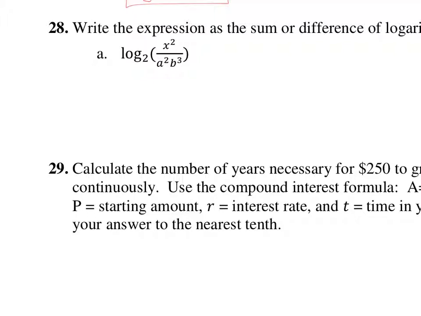Now we want to break these apart. So we're going to do the exact opposite of what we just did. So let's break up the division first. Log base 2 of x squared minus log base 2 of a squared b cubed. Now break up that multiplication.